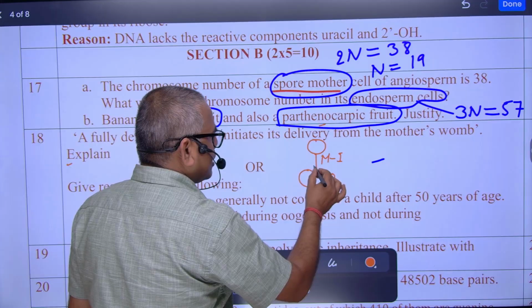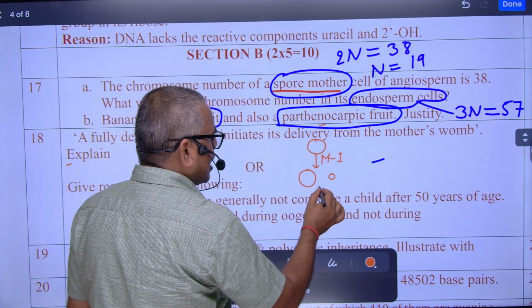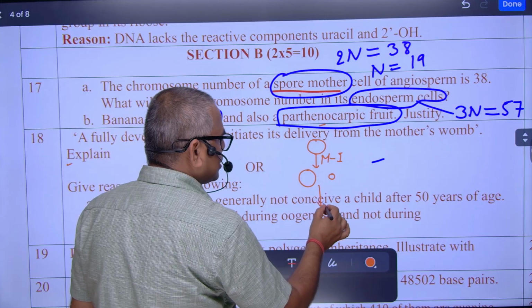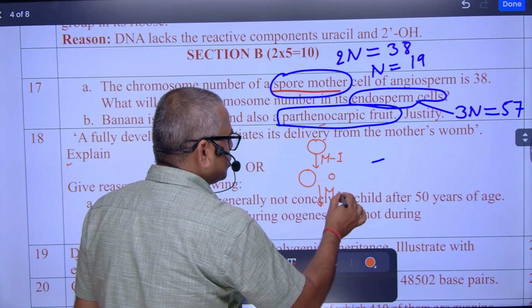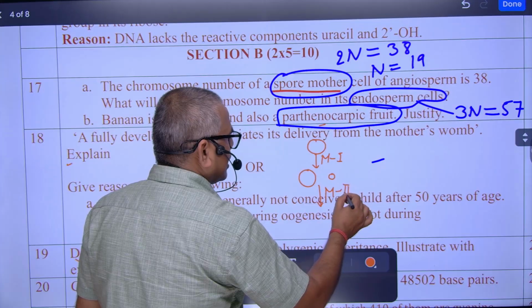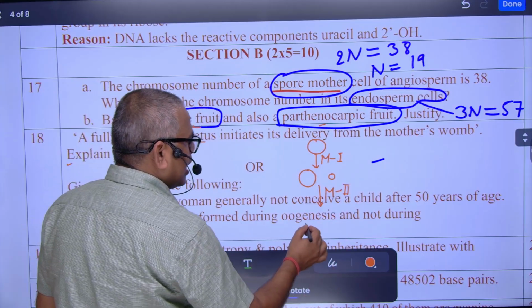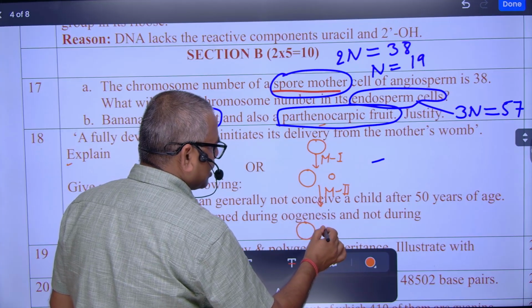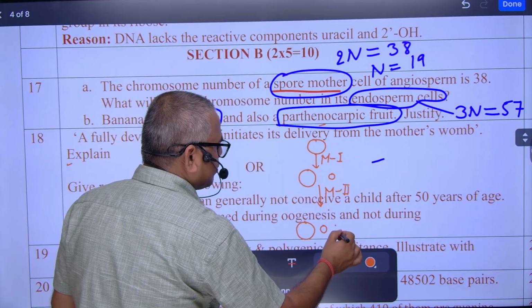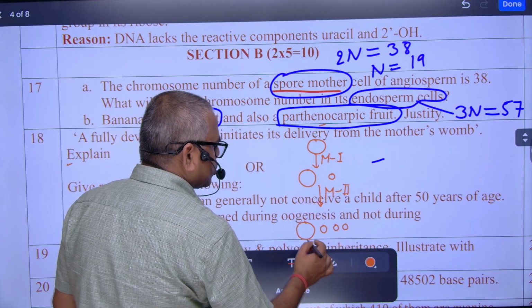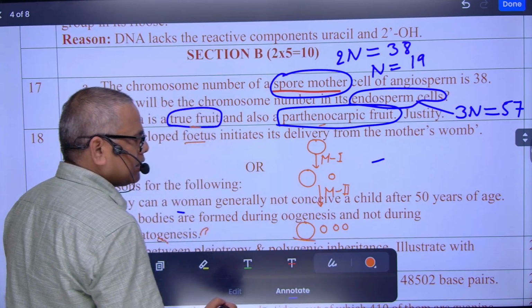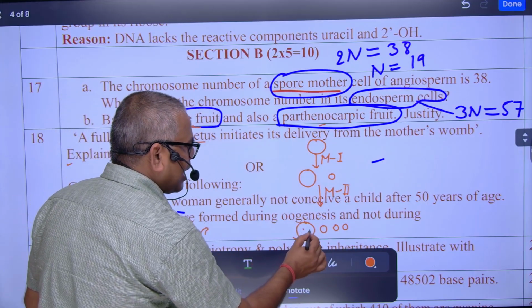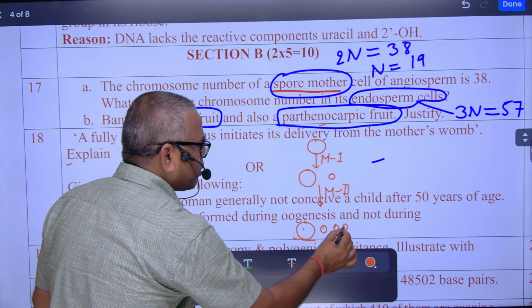Here two cells are formed. Again, when it undergoes meiosis 2, of course meiosis 2 is delayed here, again there is formation of one larger and one smaller cell, and the smaller one forms 2. So overall we finally get one egg cell and 3 polar bodies.